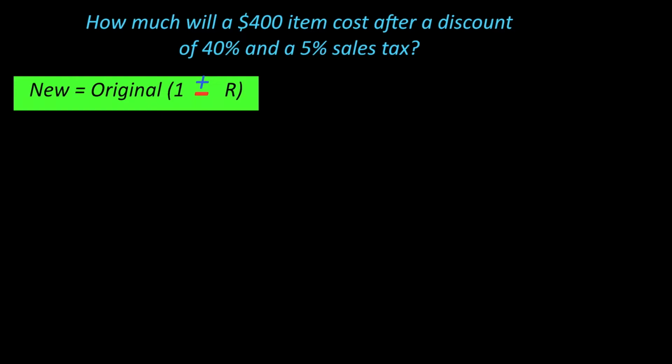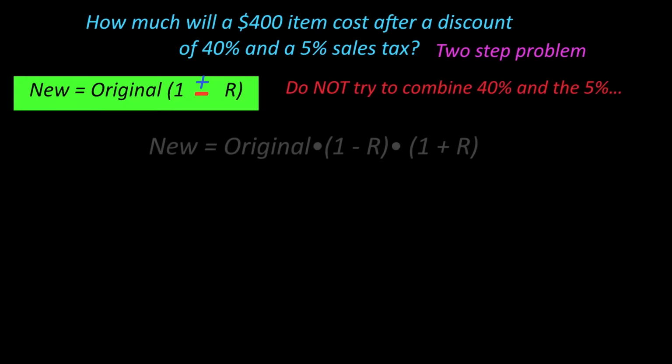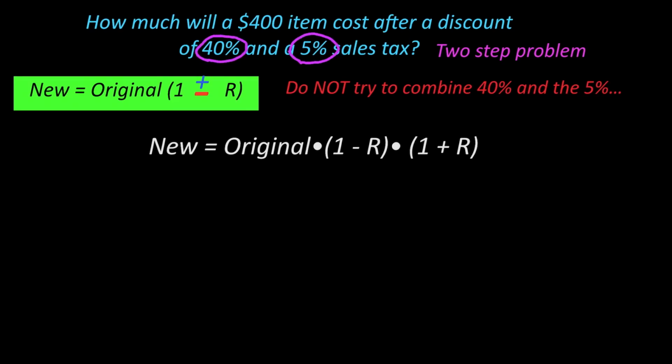Here's a two-step problem, and this formula works very well in this scenario. Now, it's very important, ladies and gentlemen, not to add these percents, or combine them, I should say. That's not how you do these problems. You have to go through the steps as outlined below. Here, we have a two-step problem.